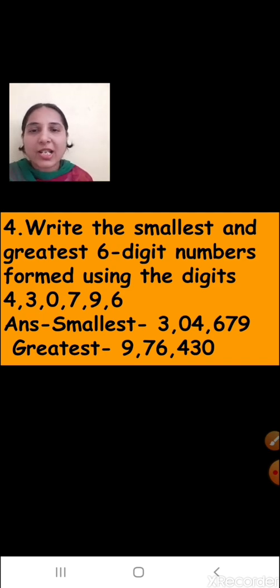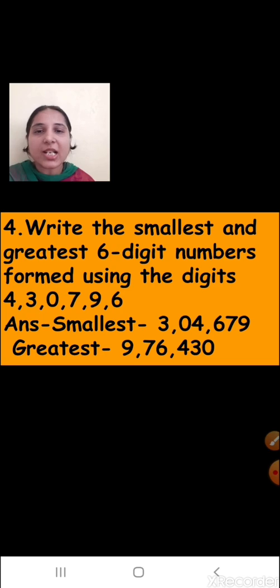So what is the smallest number? 0, but we cannot start with 0, isn't it? So we will start with 3, then 0, then 4, then 6, 7 and 9. In this way, we will get the smallest 6-digit number, which would be 3,04,679.